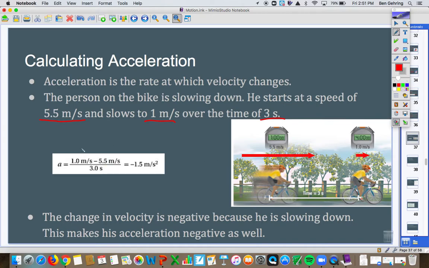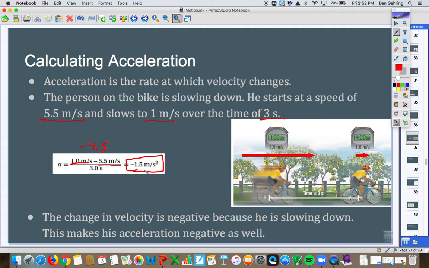If you run the equation, you get a equals your final velocity, which is 1, minus your initial velocity, which is 5.5, divided by 3. You get 1 minus 5.5, which is negative 4.5. Divide that by 3, and you're going to get negative 1.5 meters per second squared.